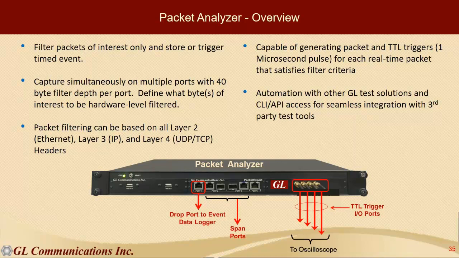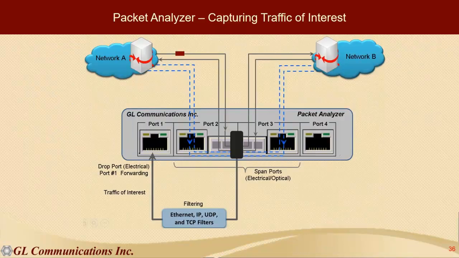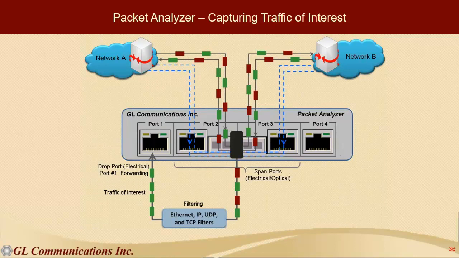What I'll show you here is how that packet analyzer works from the filter perspective. It's a very simple demo with some automation, but it shows that as packets flow through the device, we use port 2 and port 3 as what we call our span ports. So as network A is pushing packets over to network B, we're running it through our device, and as those packets flow through, we've got our filter defined.